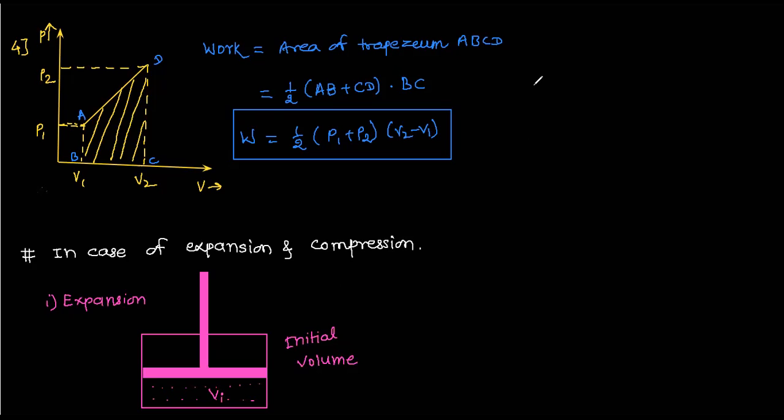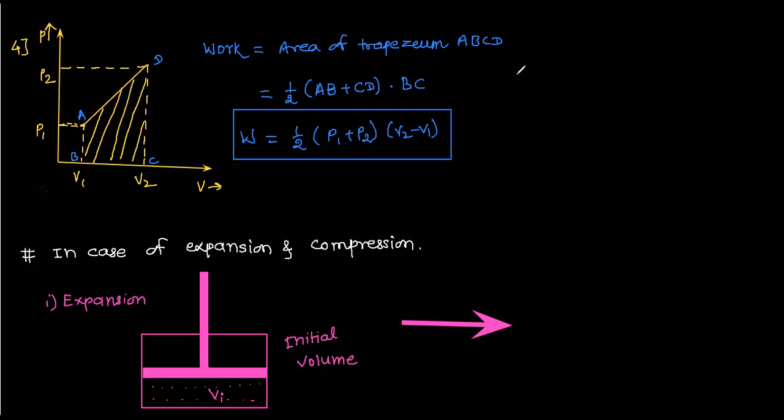Now next, again I am taking the same container, but what happens in this container, you see, now this container or this volume of this container expands, and therefore the final volume is little big as compared with the initial volume.